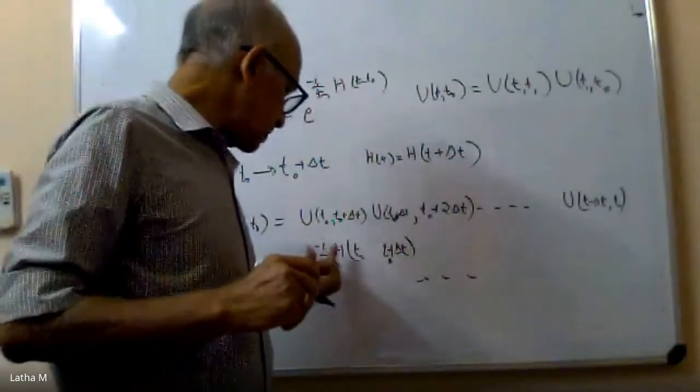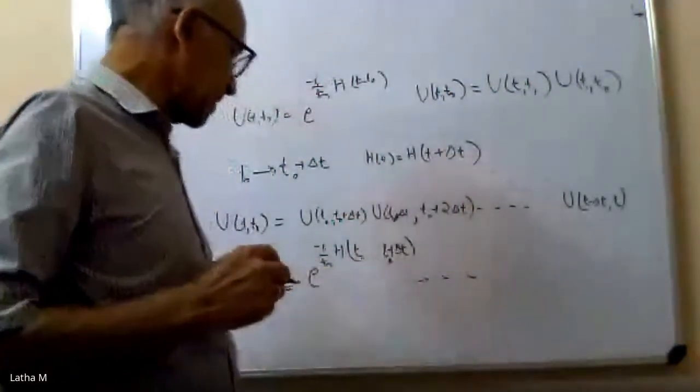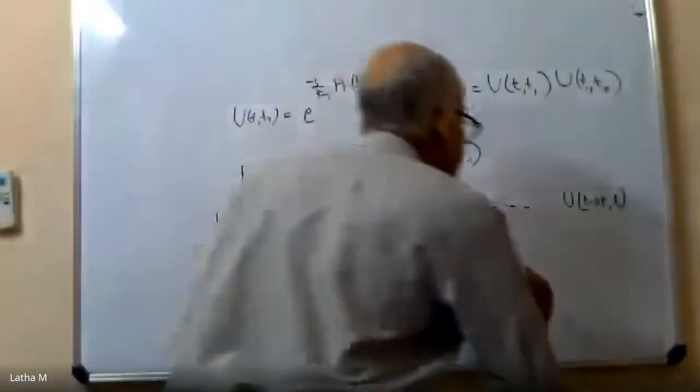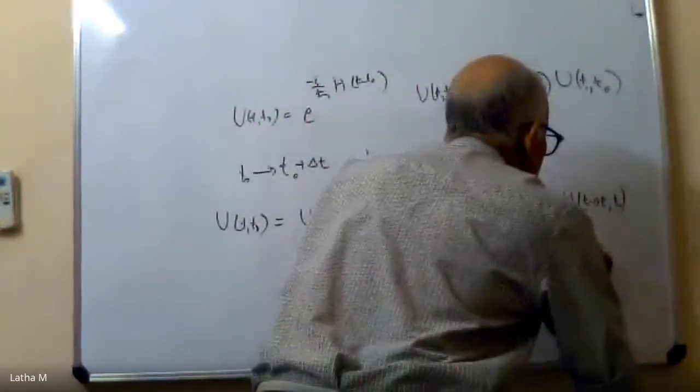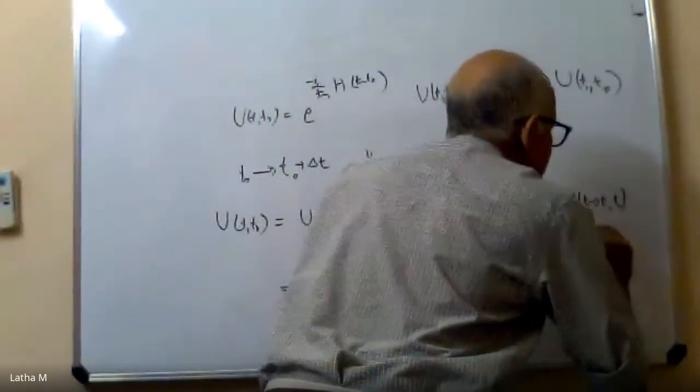When we multiply, all these exponentials get added, and what we get is exponential minus i by h cut.